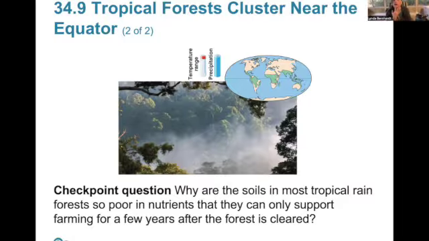I have left a few of these checkpoint questions in place, and I figured I would answer them. So, what's happening in some of our tropical rainforests is humans are saying, we need more farming land, we need more livestock land. And the Amazon rainforest has typically been our largest, most important rainforest. Huge hub of biodiversity.